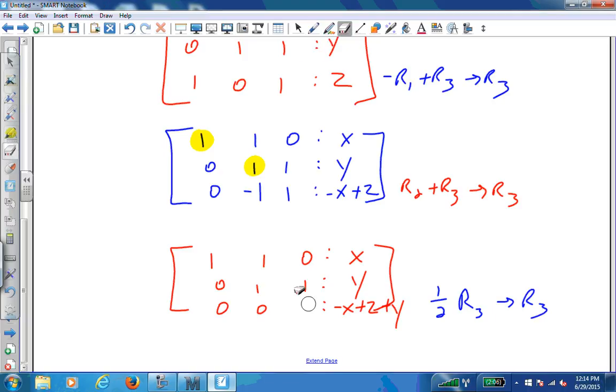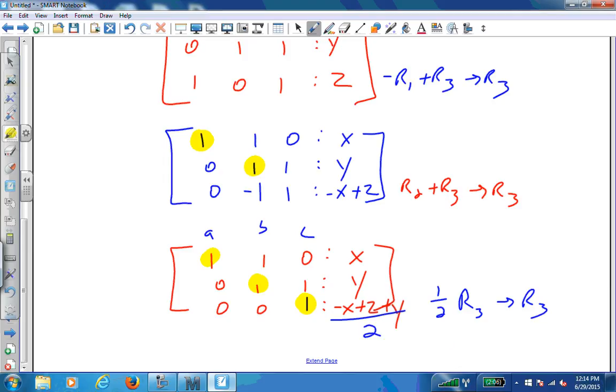So if we divide this by 2, we get a 1. We could put it in reduced row echelon form and find out exactly what A, B, and C are. But notice we have a pivot in all of these. So there is a solution to this.